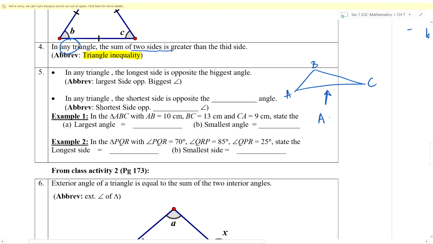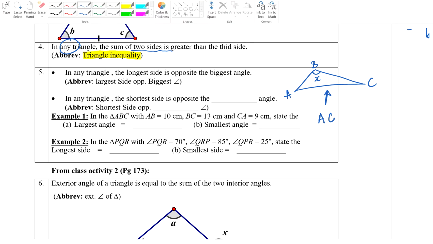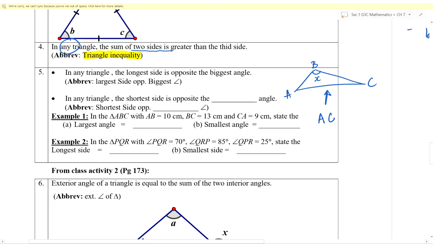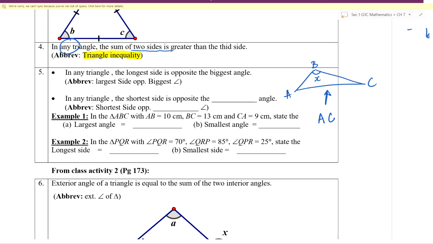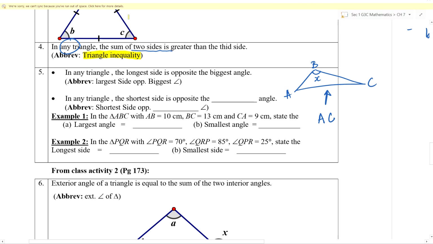The side AC must be opposite this angle X over here. Because AC is the longest side, and visually we can see that X is also the largest angle. So this property is known as largest side opposite biggest angle. Whenever we want to call out this property, this is what we will write.